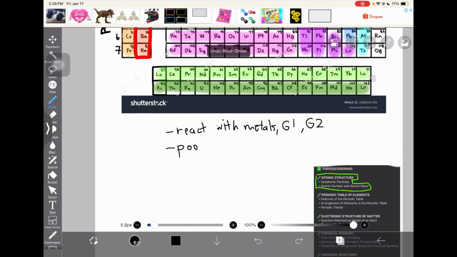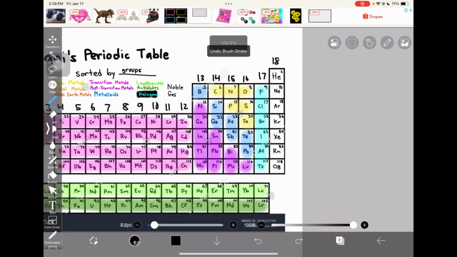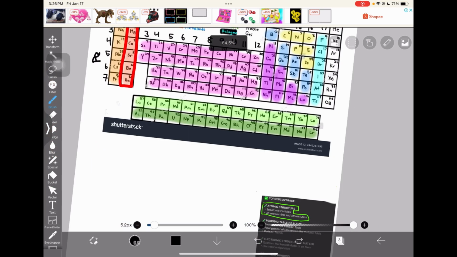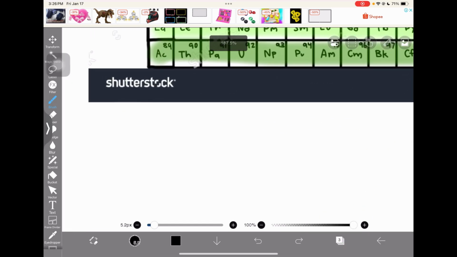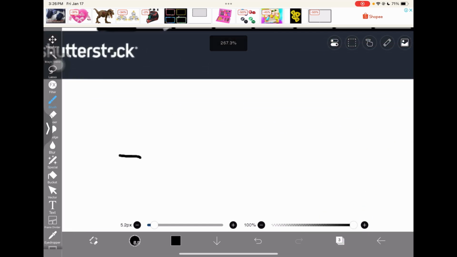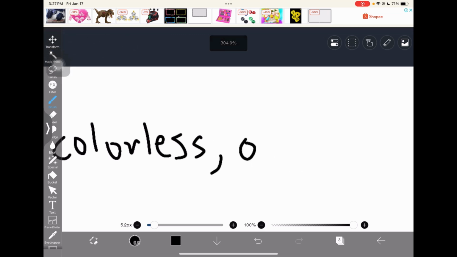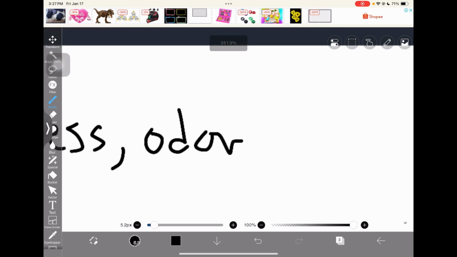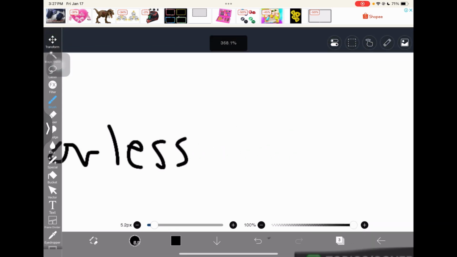And the last one that we're going to be discussing today, what's this one? This is going to be the noble gases. The noble gases are the ones in white, and they're super stable. They're colorless, odorless, and they're not flammable.